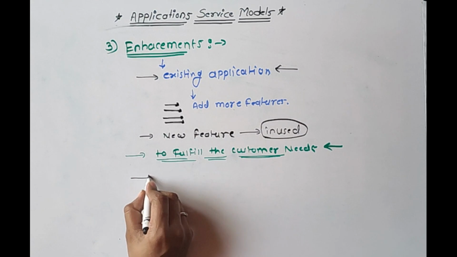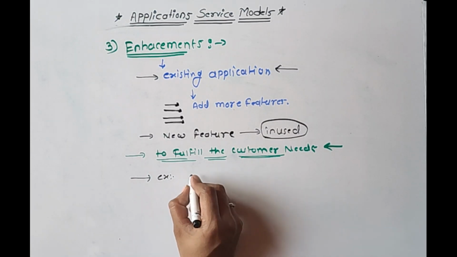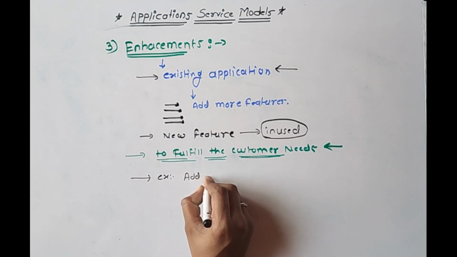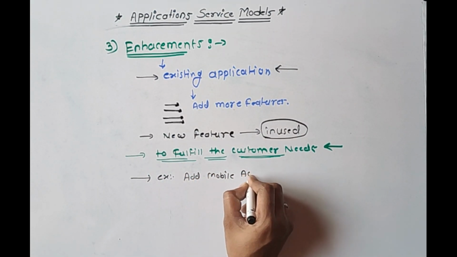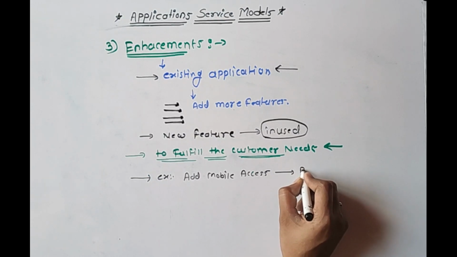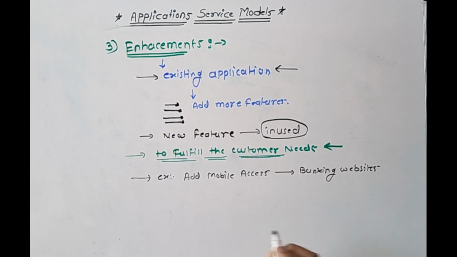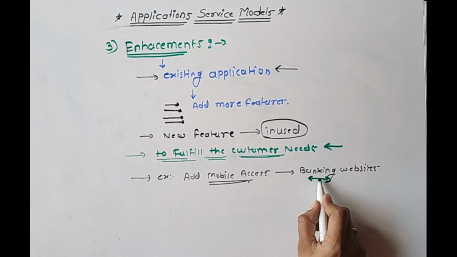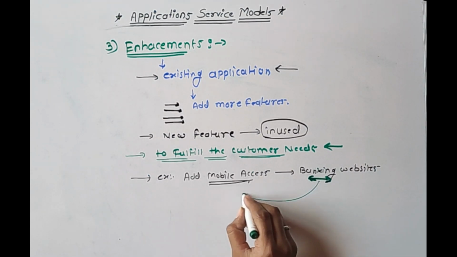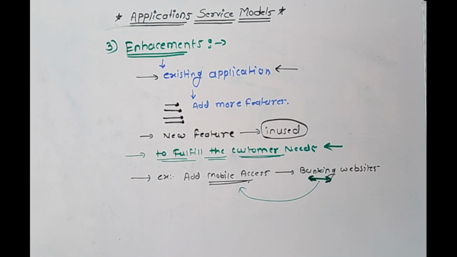Again we are taking the same example, that is adding a mobile access feature in banking websites. Right? So enhancement is the service model we use when there is an already existing application in which we are adding some more features. Okay, so this is the enhancement service model.